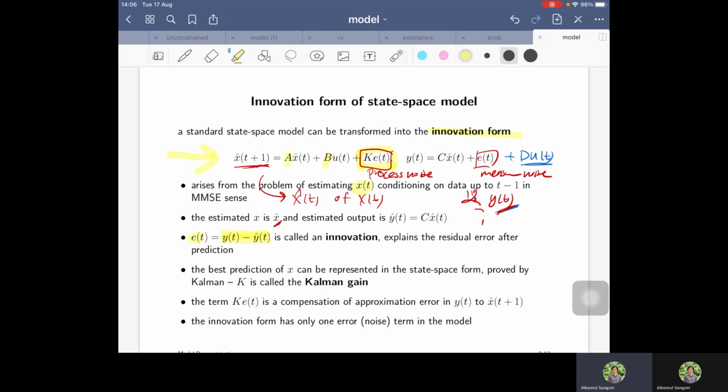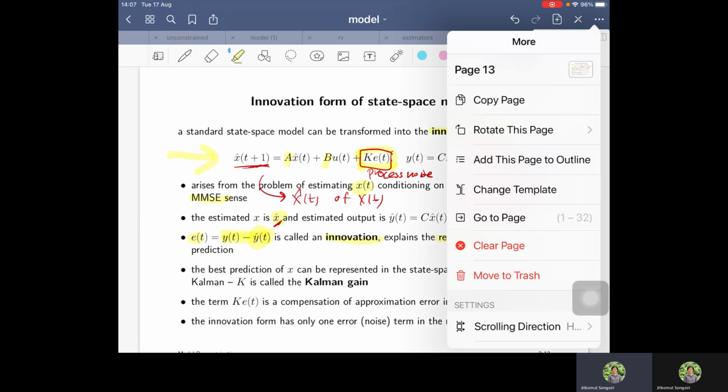The estimation method here is the optimal one in the MMSE sense, which means the estimate x gives the minimum mean square error. The method was proved by Kalman, a mathematician. So e_t is called the innovation. It represents the residual error after you do the best prediction of y.